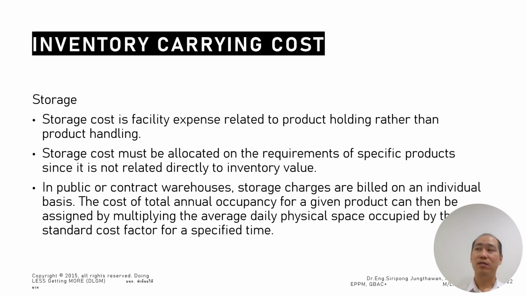If you rent a warehouse of 1,000 square meters, you have to pay 200,000 baht a month. That's why we have to manage inventory carrying cost and look for a design to reduce inventory and finished goods to fit the warehouse, because you have to pay more if you keep more inventory than you manage.